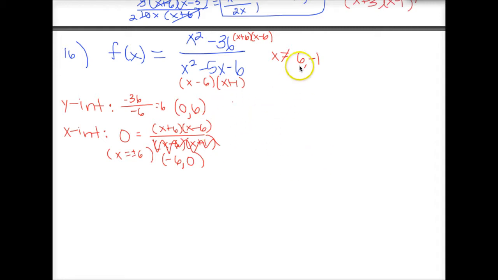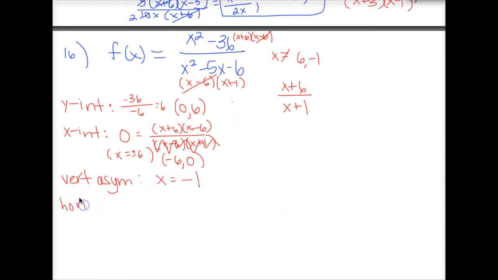So if I am simplifying this original expression, these x minus 6's cancel. And so I've got x plus 6 over x plus 1 for the simplified version of f of x. So the value that makes the simplified denominator equal to 0 is just negative 1. So that is my vertical asymptote at x equals negative 1.